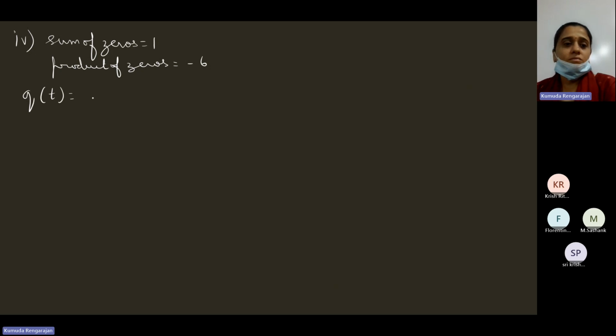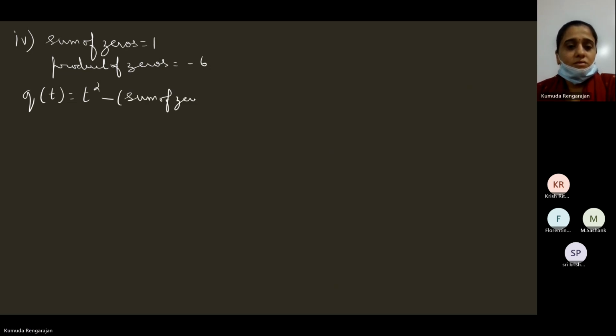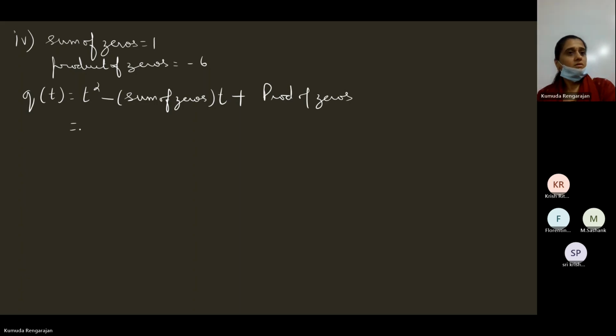So what's the standard form? T square minus sum of the zeros into t plus product of the zeros.